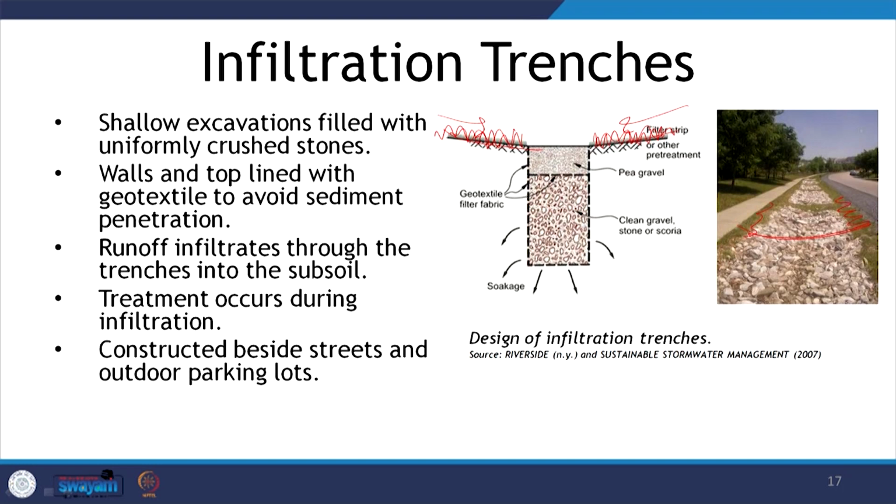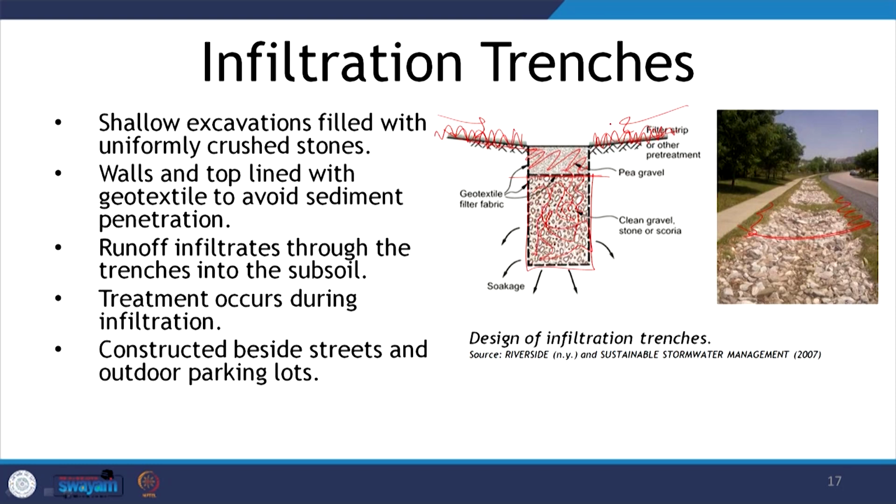The top will be lined with small sized gravel, and the bottom of this trench is filled up with clean, bigger sized gravel, and in between it is a geomembrane. So, the finer particles, finer solids will not permeate through it and choke the lower strata.